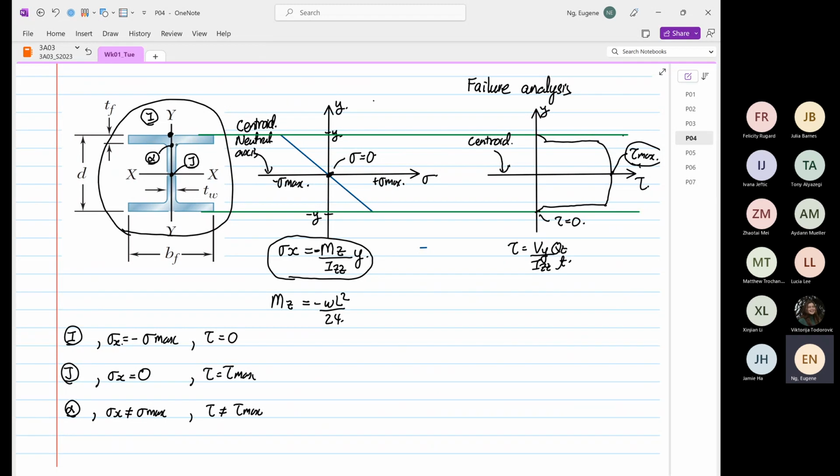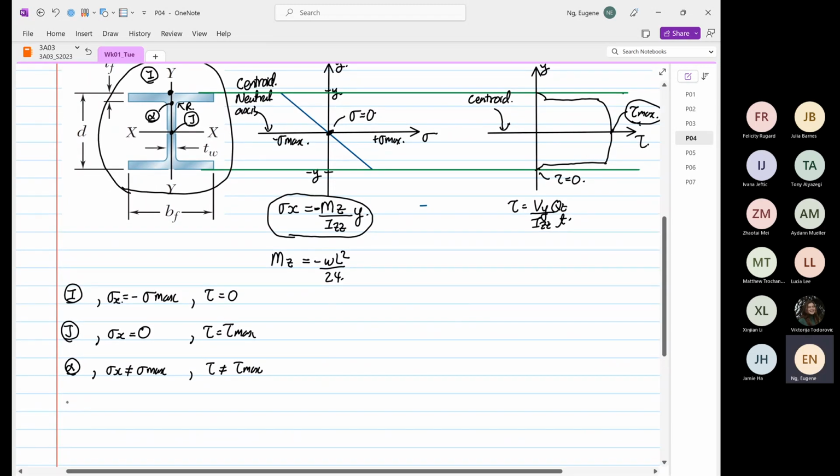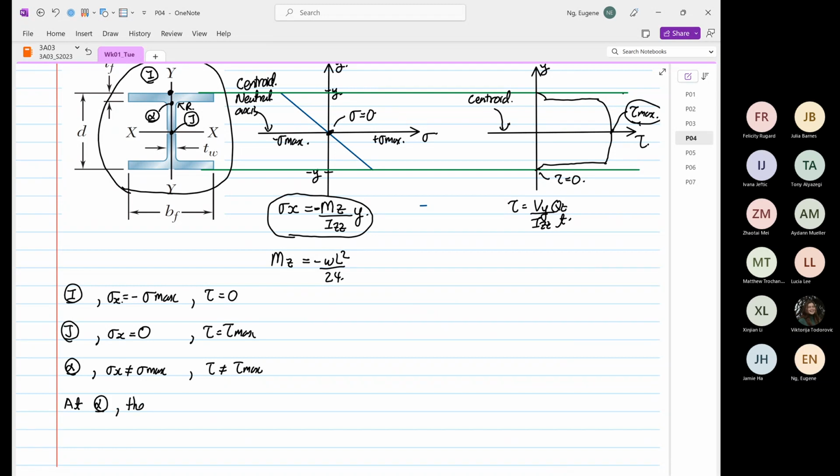Because at point alpha we have the radius over here, and the radius r is causing stress concentration.